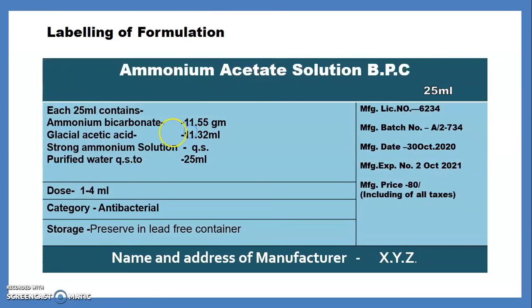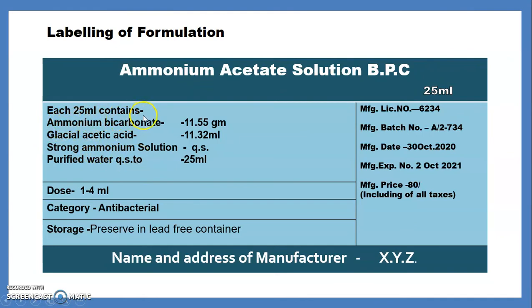Then labeling formulation. Labeling is one of the important parts of our practical session. In the label we should mention all the specifications regarding our preparation. First of all, the name of our preparation, ammonium acetate solution BPC, we should mention at the top, and then the volume, 25 ml. Then the content, the ingredients which are used, should be mentioned on our label.